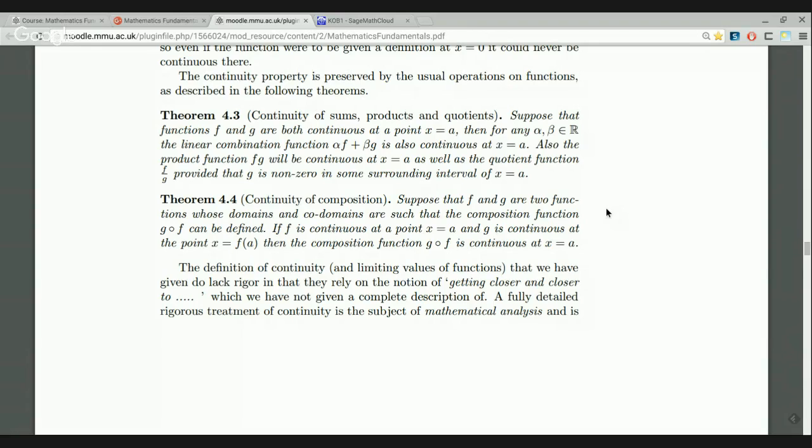And then we ask, where in the domain is that closeness achieved? So we introduce a second parameter called delta. Delta is a radius, but in the domain of the function. So delta is a radius around the limiting argument, a.